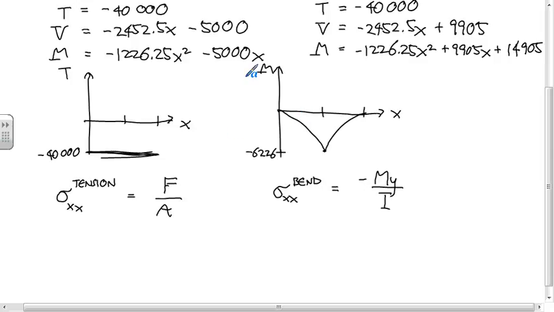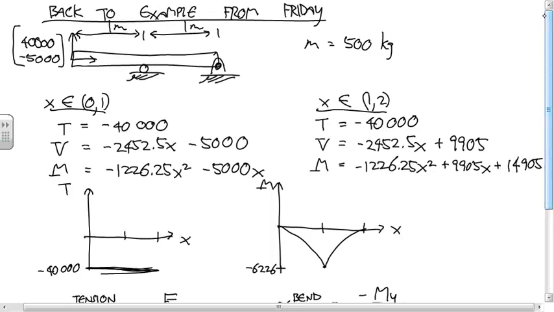And remember that when we think of internal loads, we tend to think of each of these x values as a point. But remember that if you look at the beam, each of these x values is really a line, right?